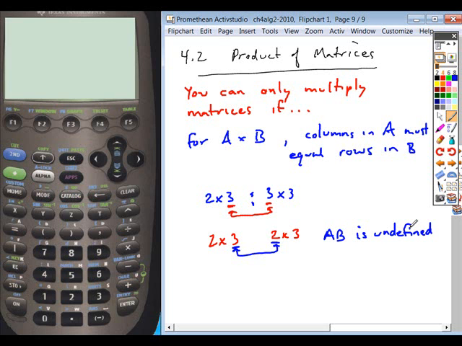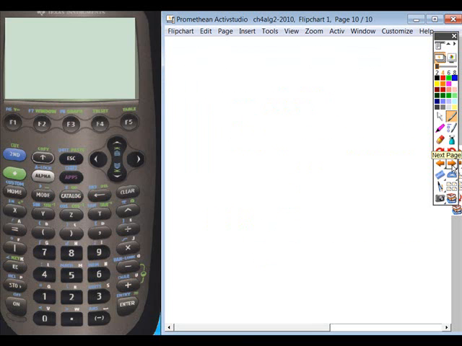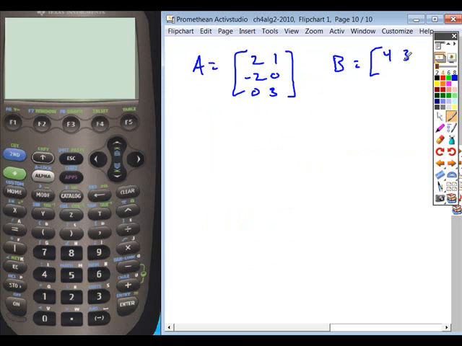When you set up to actually multiply a matrix, let's talk about what that's going to look like. First, is AB possible?